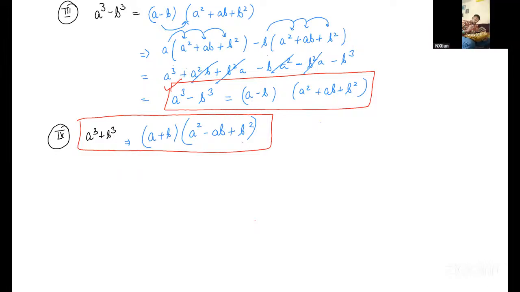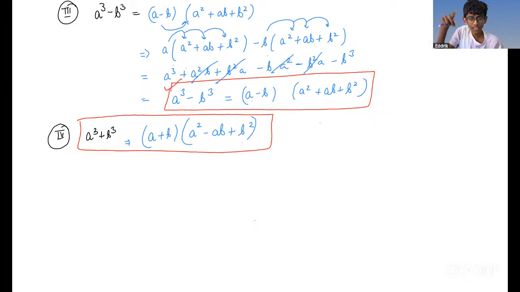Then it will become a cube minus a square b plus b square a, plus a square b minus b square a plus b cube. Then we got a cube plus b cube, because minus b square a and plus b square a will be 0. Minus a square b plus a square b is 0. So the remaining behind is a cube plus b cube.